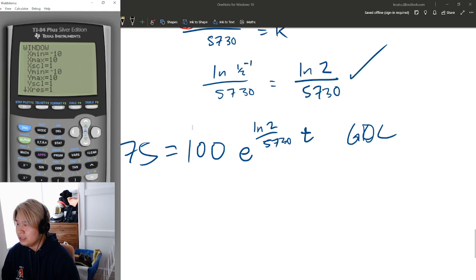And I'm going to change my window because we are interested for when this is going to be 75. So my x maximum, I'll just change it to 100. Or whoops, that's my y maximum. And then my x values are my number of years. So notice that half-life happens at nearly 6,000. So I'm going to change this to at least 6,000. And we'll see what happens.